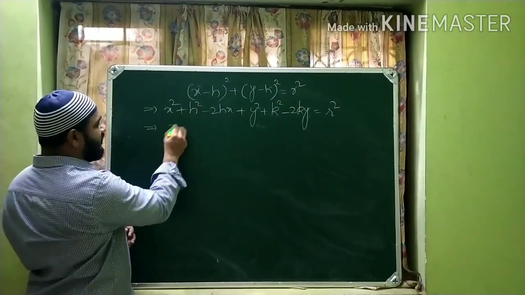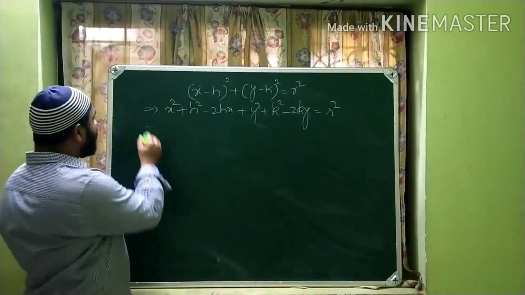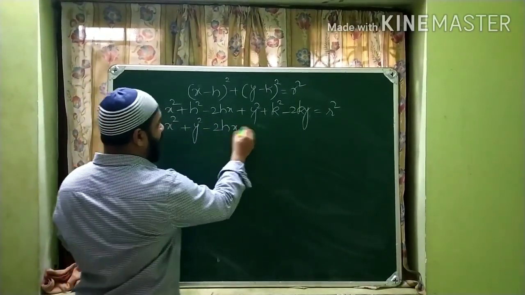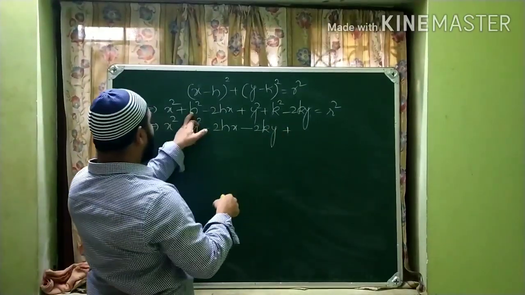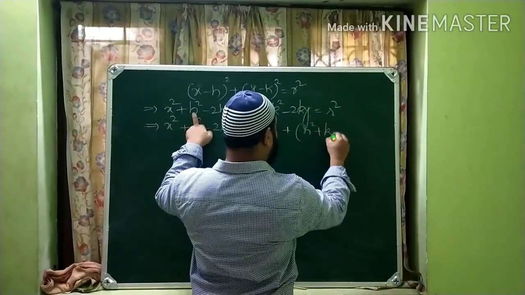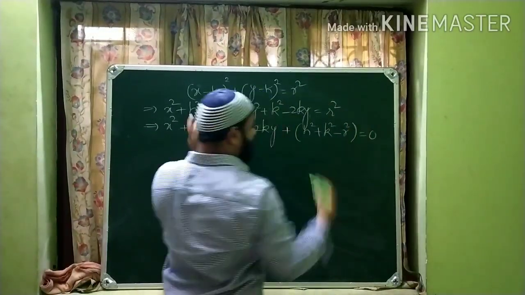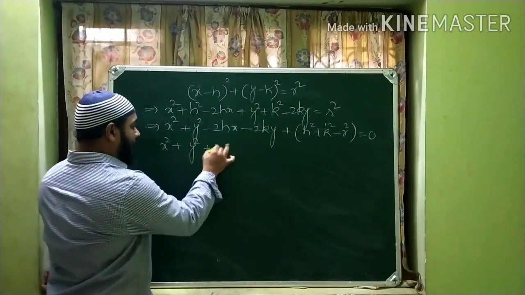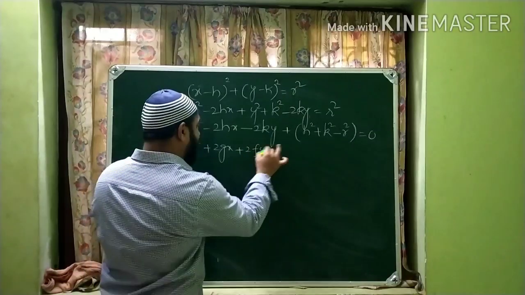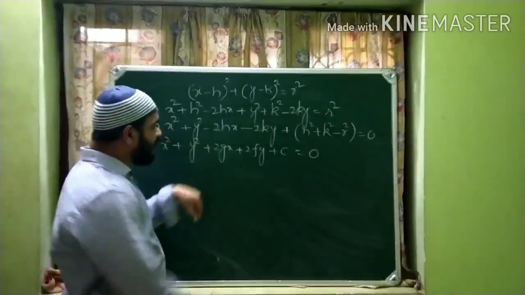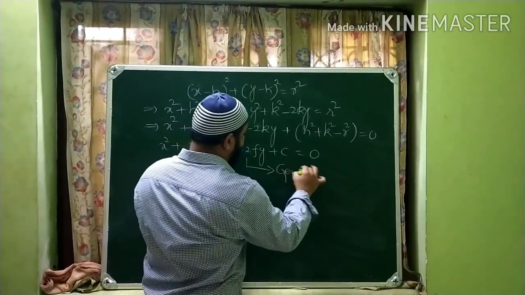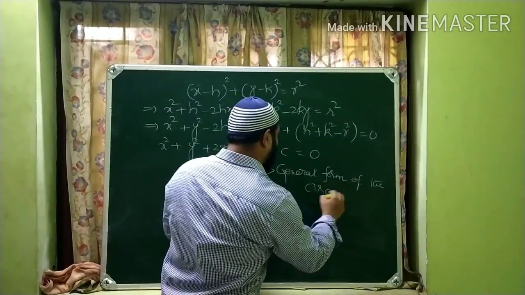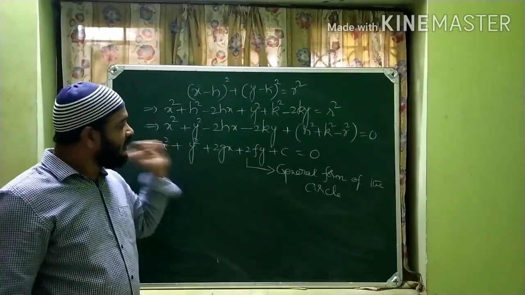Now let us rearrange this. x square plus y square minus 2hx minus 2ky plus h square plus k square minus r square equals 0. Is this not in the form x square plus y square plus 2gx plus 2fy plus c equals 0? This is called the general form of the circle.